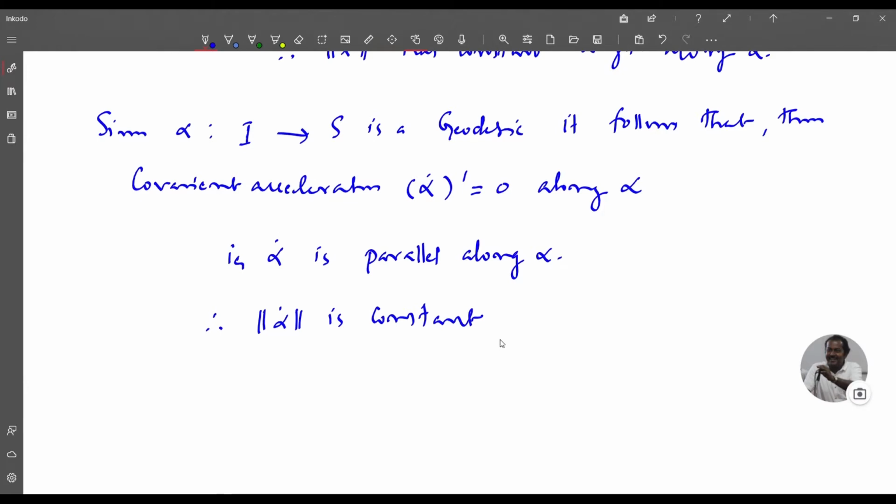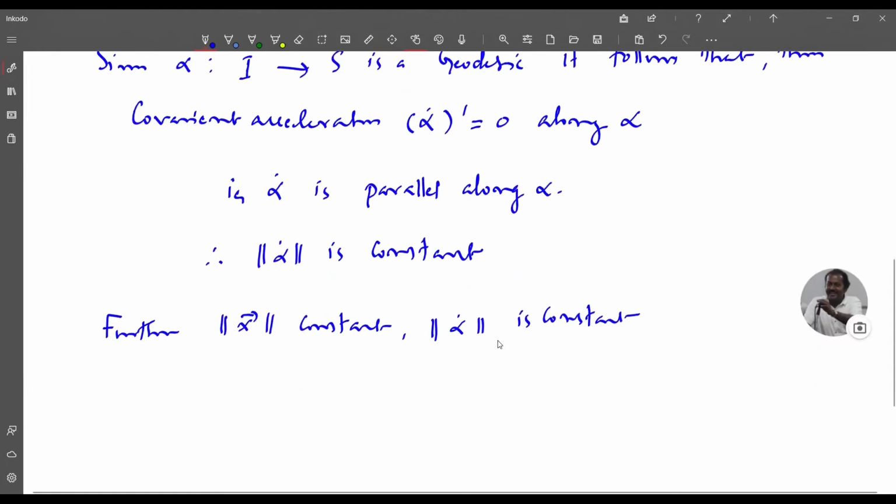Now further, norm X is constant, norm alpha dot is constant, and X dot alpha dot is also constant.